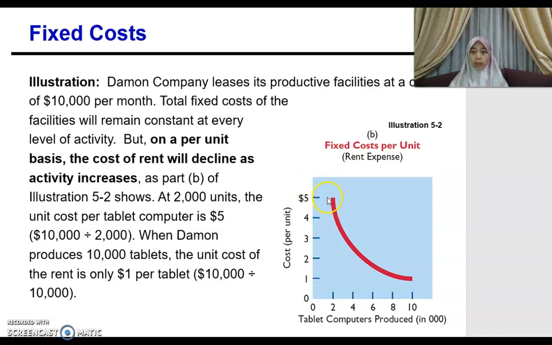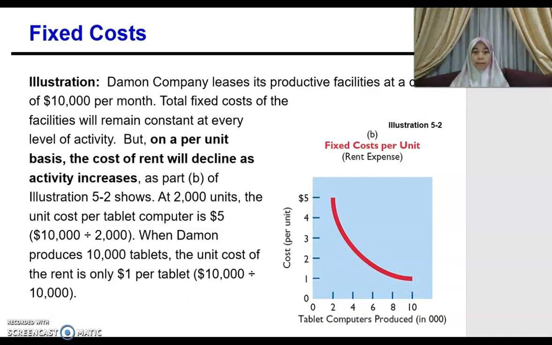Asymptotic means it moves towards the 0 line but doesn't touch it. Based on the Excel or the coordinates that you have plotted just now, you can draw the graph. This is how your fixed cost per unit looks like.